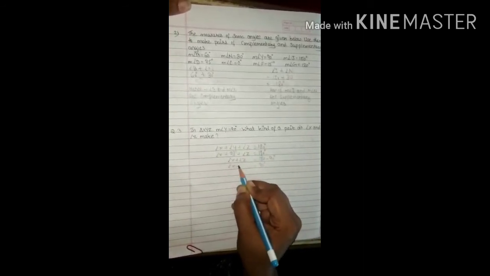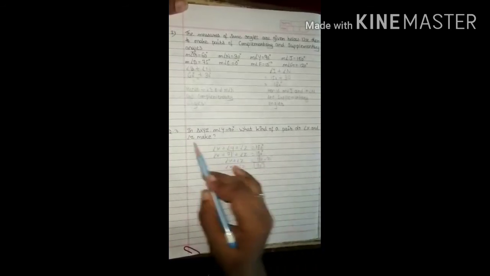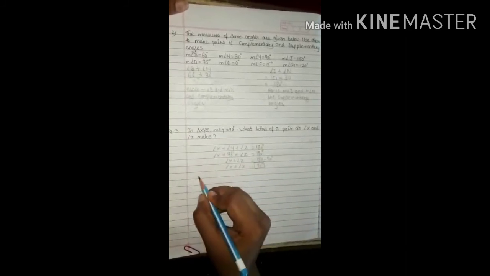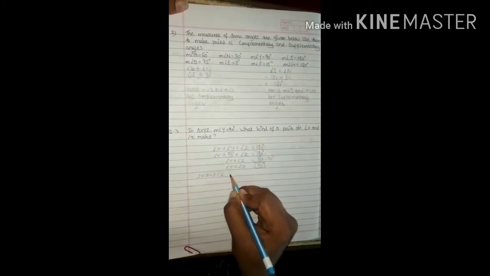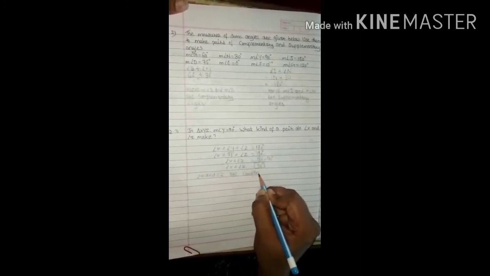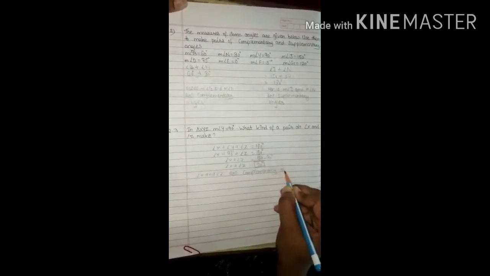So angle X plus angle Z is 90 degrees. The pair of angles X and Z make a measure of 90 degrees. So that's why angle X and angle Z are complementary angles.